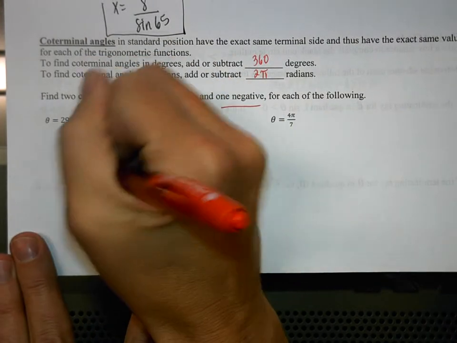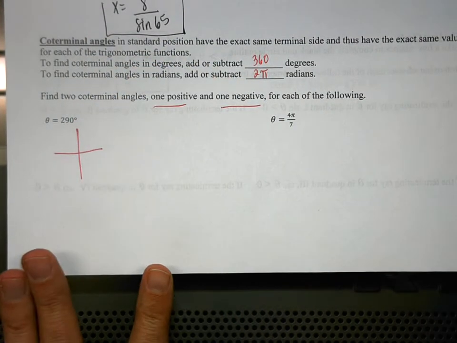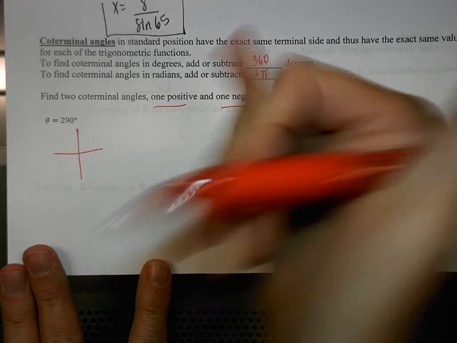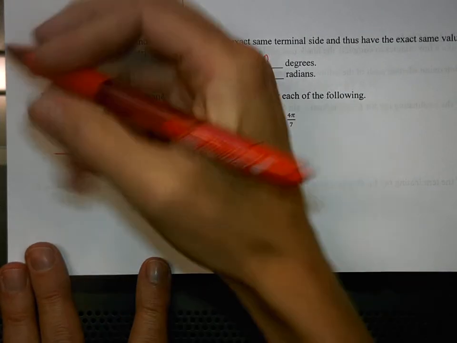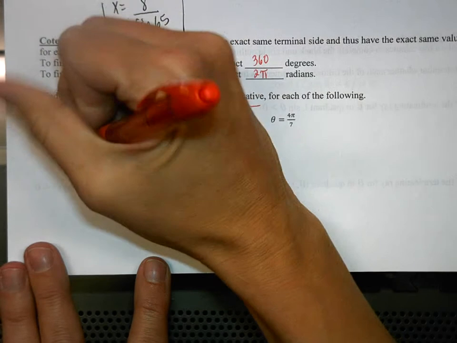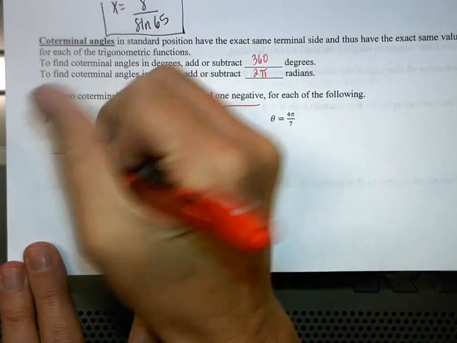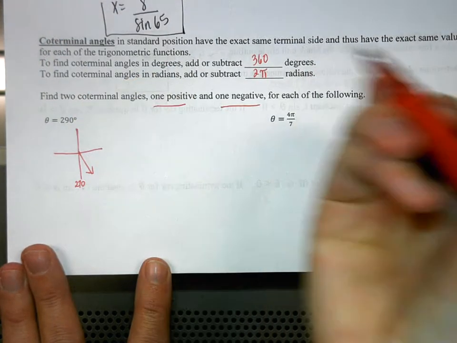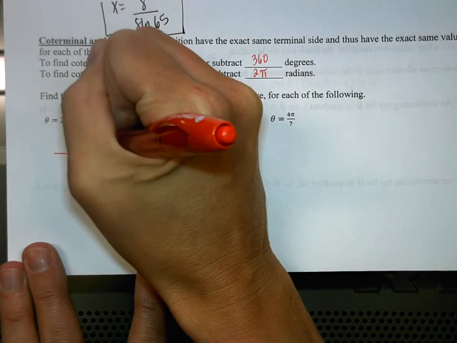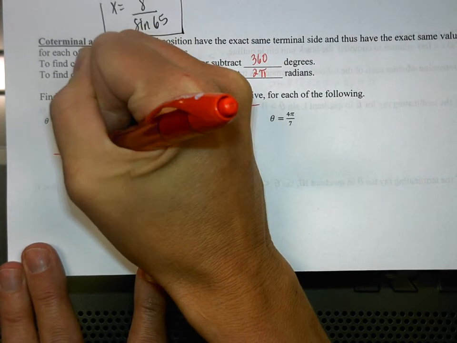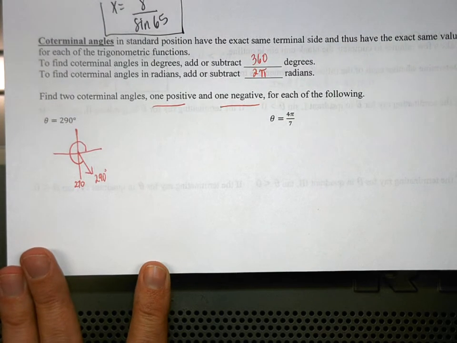Now, 290 degrees, just to remind you of where this would be. What quadrant would that be in, that angle? 4, right? Because this right here is 270, so 290 is actually a little bit past that. And so if you were drawing that, you start at 0 and it wraps around to the 270 degrees.